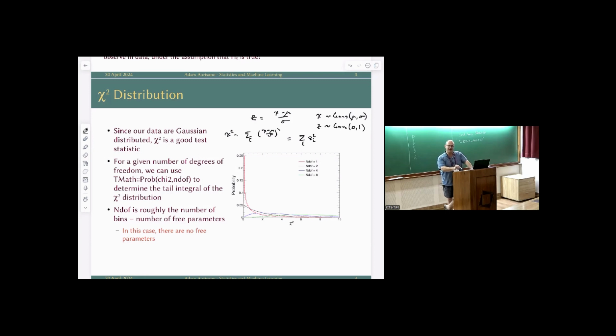So every time you have one more term added, that's another degree of freedom, right? So you wind up getting a probability distribution that looks like this. When you have 1 degree of freedom, it's very sharply peaked at a chi-squared of 0. But as you go to bigger and bigger chi-squareds, it becomes a much broader distribution with the mean moving further out.